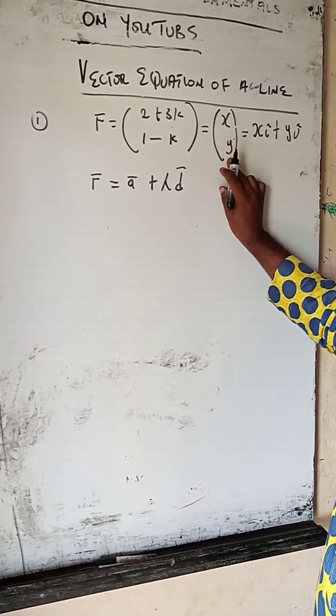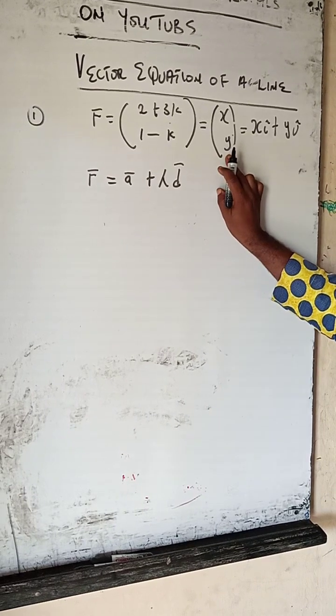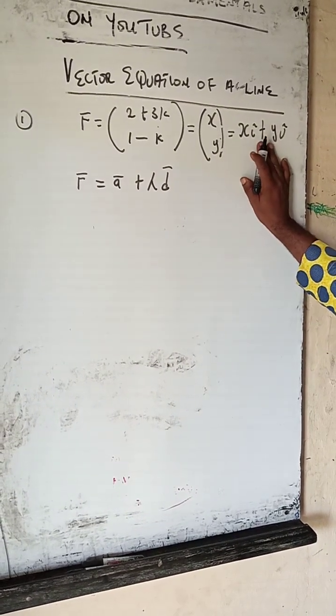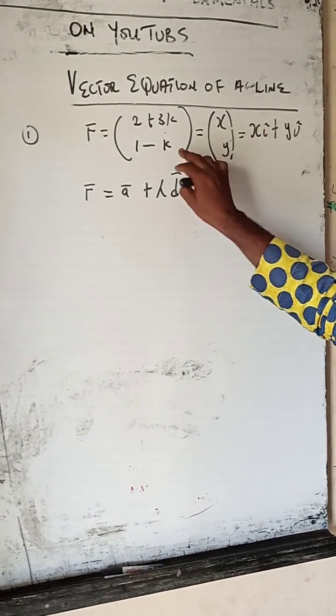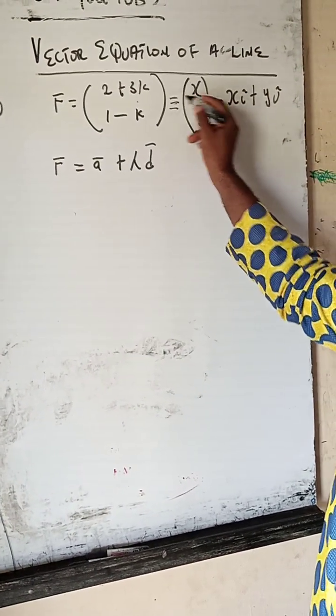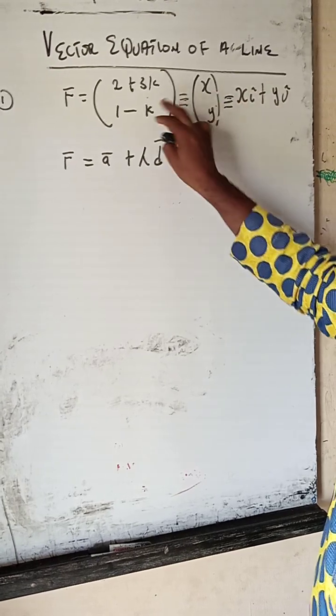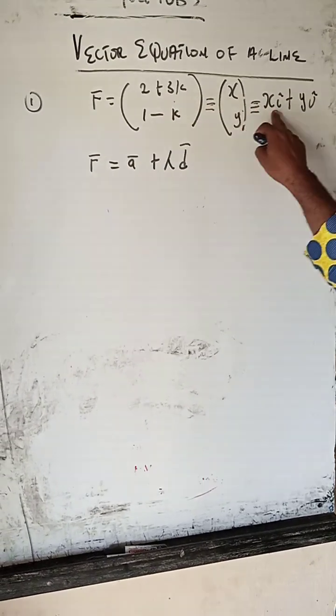This expression of a vector is called the column vector, and this expression I have here is a rectangular vector. So in a nutshell, this one is equivalent to this. So I can rewrite this one to be equivalent to this.